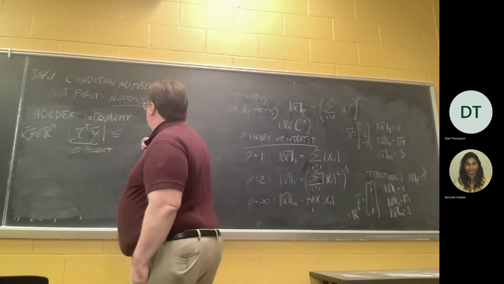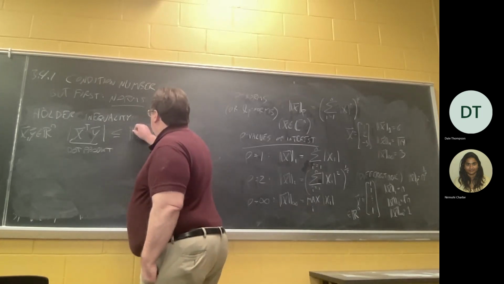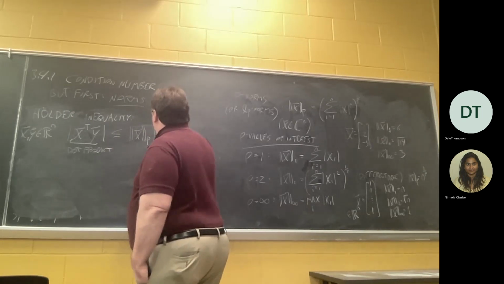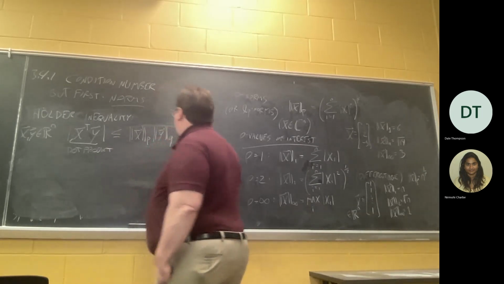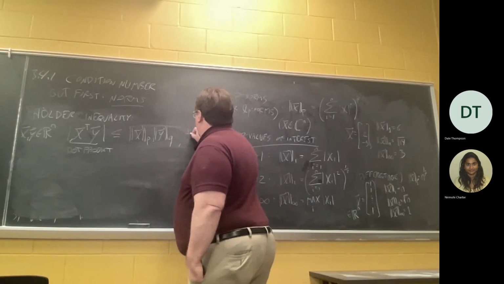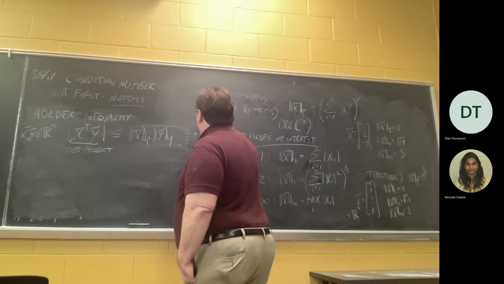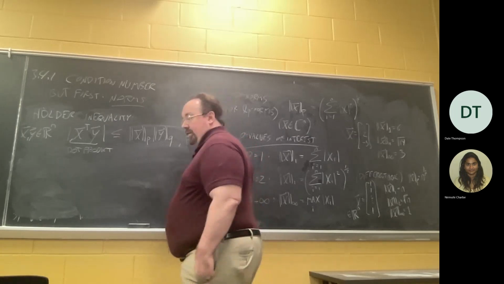It is less than or equal to the P norm of X times the Q norm of Y, provided that 1 over P plus 1 over Q is equal to 1.